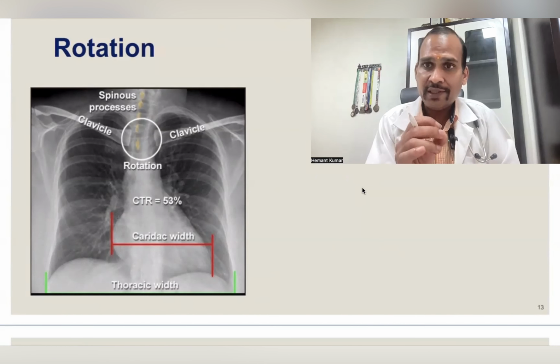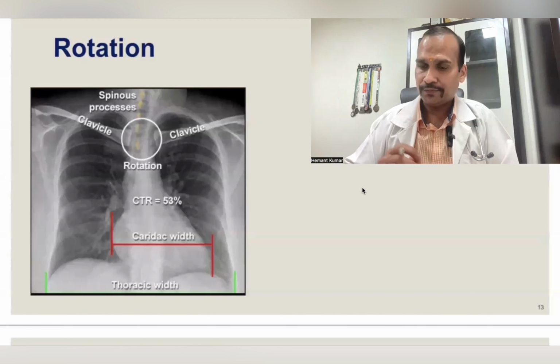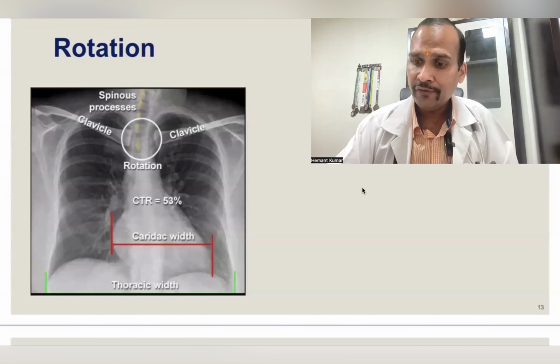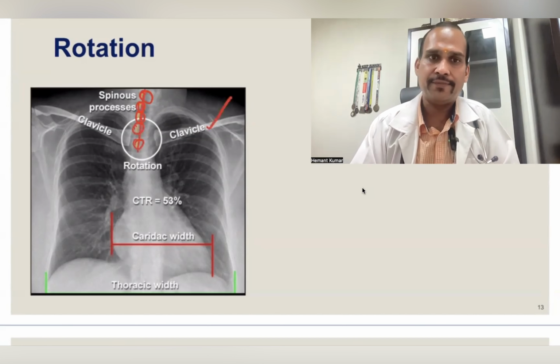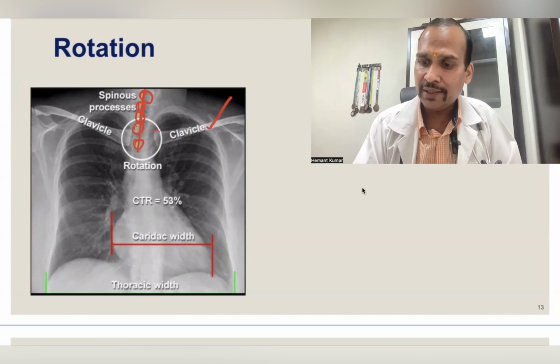So how to check whether rotation is there or not? In between the vertebral column, there is the spinous process. Can you see this yellow one? This is the spinous process, and this is the clavicle. So the distance between the medial end of the clavicle and the spinous process is called the spinoclavicular distance.